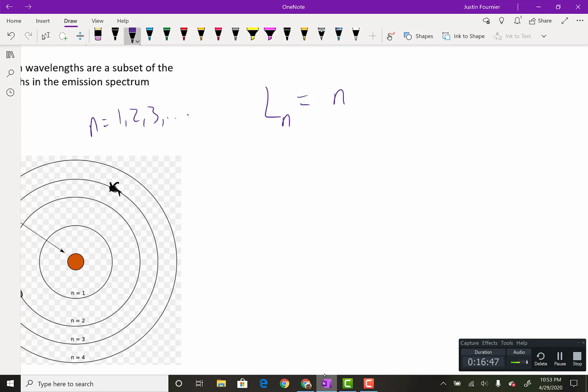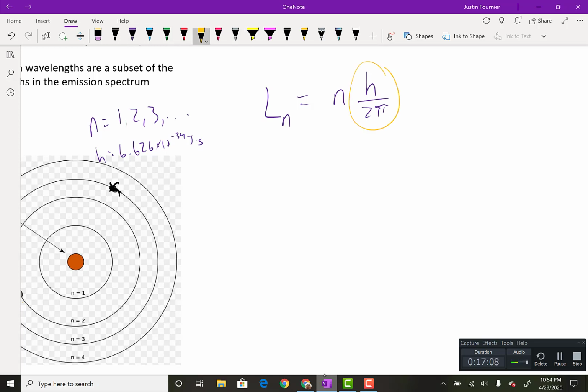So the angular momentum L of any electron orbiting around this thing is equal to n times Planck's constant h over 2 pi, where h equals 6.626 times 10 to the negative 34 joule seconds.